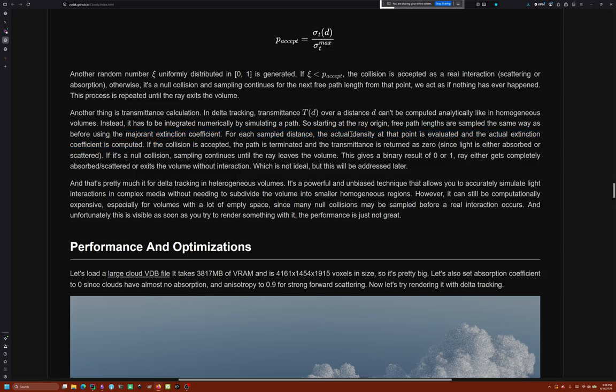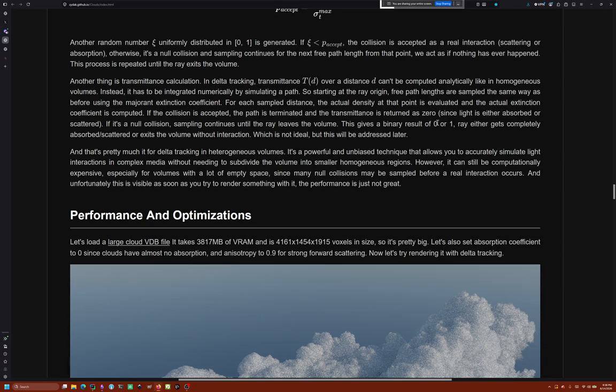For each sample distance, the actual density at that point is evaluated, and the actual extinction coefficient is computed. If the collision is accepted, the path is terminated, and the transmittance is returned as 0. If it's a null collision, sampling continues until the ray leaves the volume.